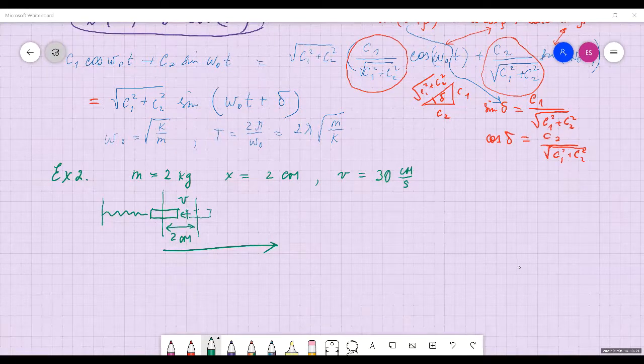So up is the positive direction of the x-axis, to the right, and just write down how the differential equation is going to look. Second derivative. Oh, I did not give the spring constant. Let's consider that the spring constant is equal to, I don't know, 100, for example, newtons per centimeter, okay?